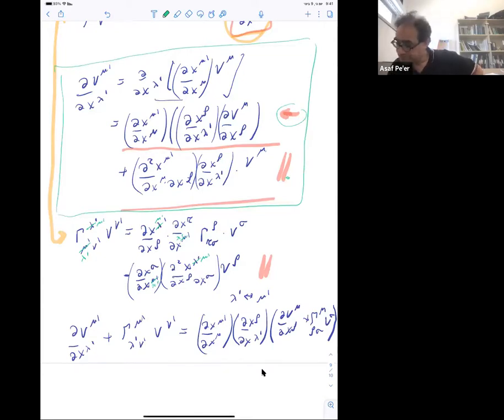And then rho here would become a mu. Everything I do is legal because these are just dummy indices. They appear once as an upper index and once as a lower index.